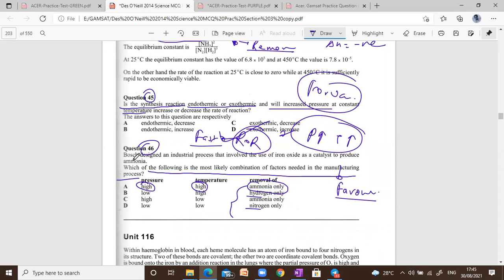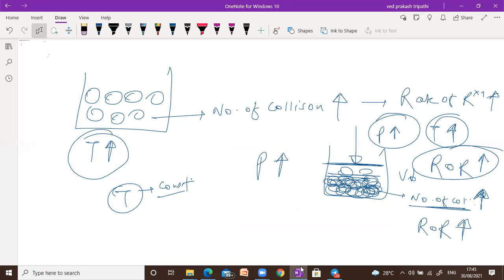No doubt. Perfect. So we have covered our chemical equilibrium chapter, and I have discussed only the important part, basically 95% of things. For the GAMSAT, this is an important topic. And the rest is delta G equals delta H minus T delta S. This is a very good equation.